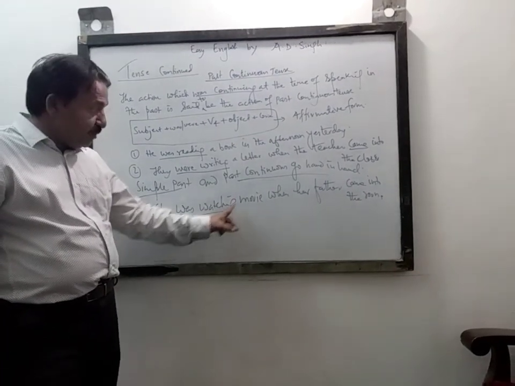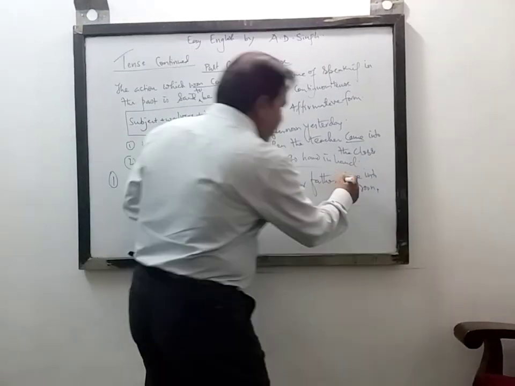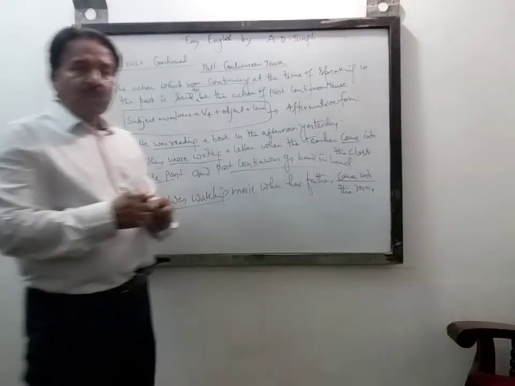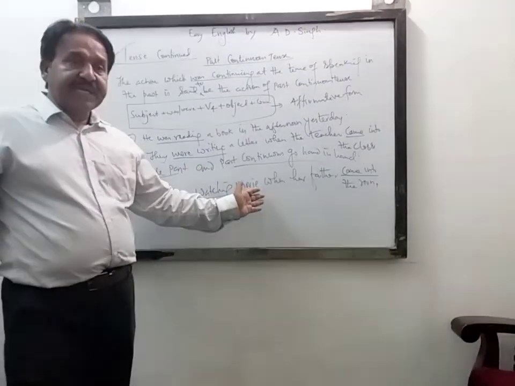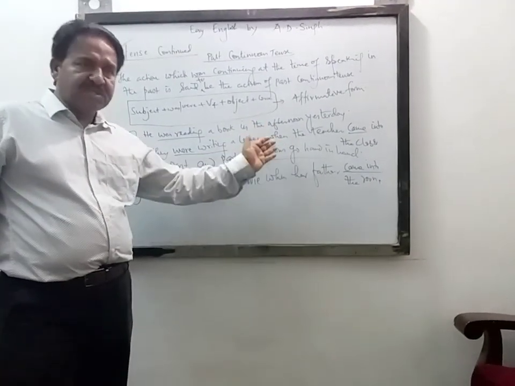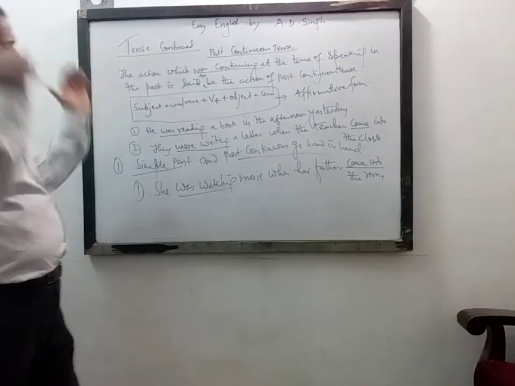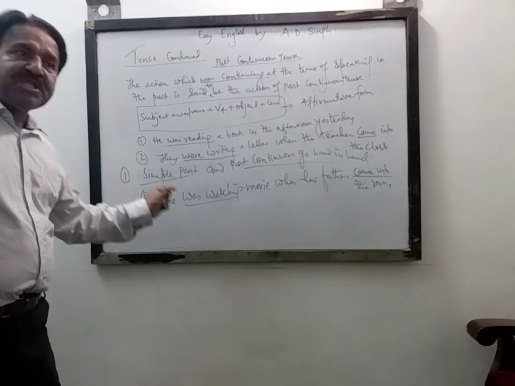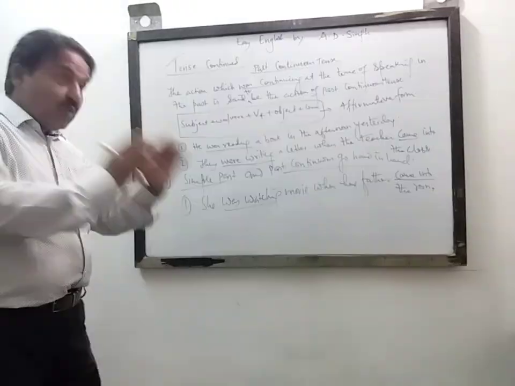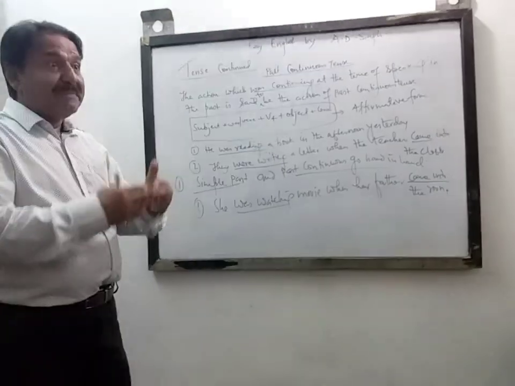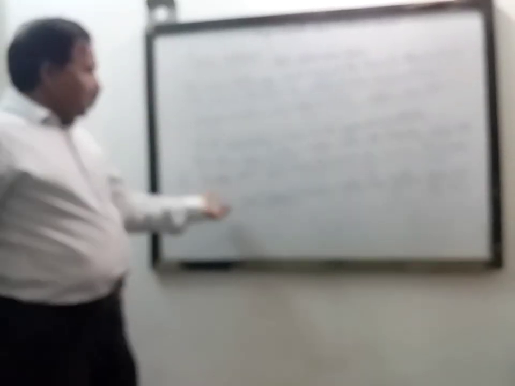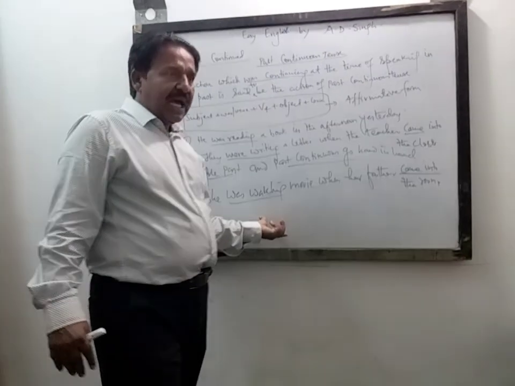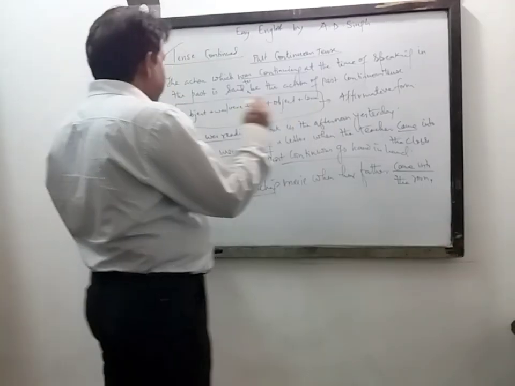She was watching a movie. And which one is simple past? Father came into the room. Both these actions are taking place at the same time in the past. So the first case of past continuous is when two actions are taking place at the same time in the past. So this is a link of the two actions.